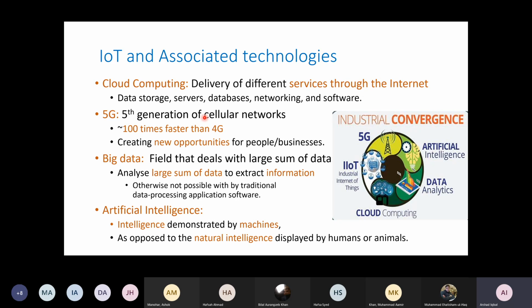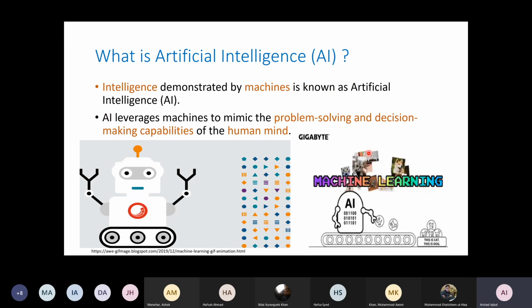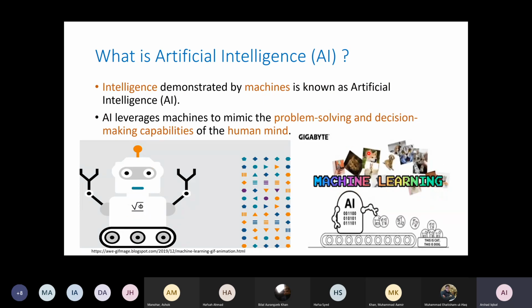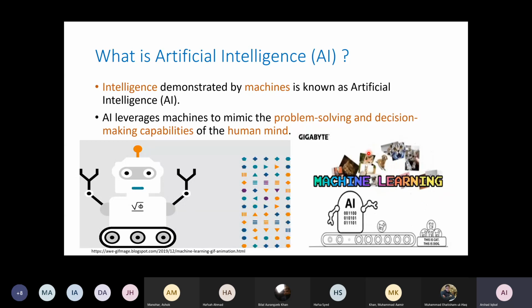Big data deals with large sums of data, to analyze them and extract meaningful information, which is otherwise not possible with traditional or existing data processing software. Artificial intelligence is intelligence demonstrated by machines as opposed to the natural intelligence displayed by humans or animals. So what is artificial intelligence? Artificial intelligence is the intelligence demonstrated by machines.